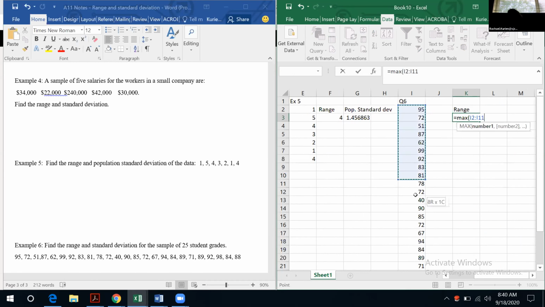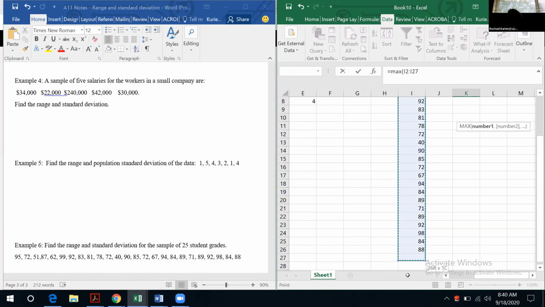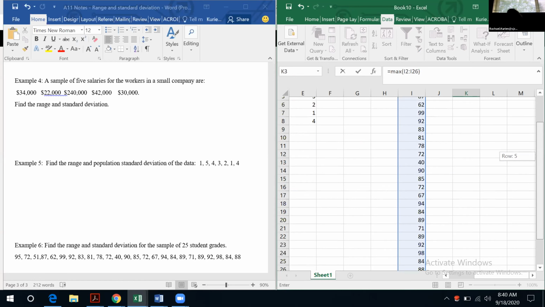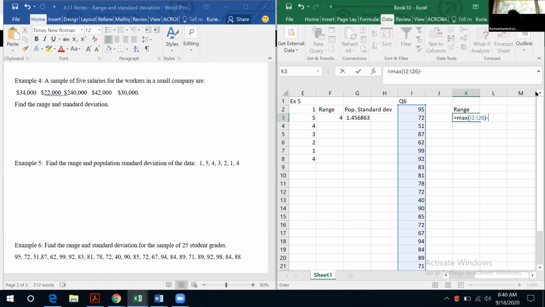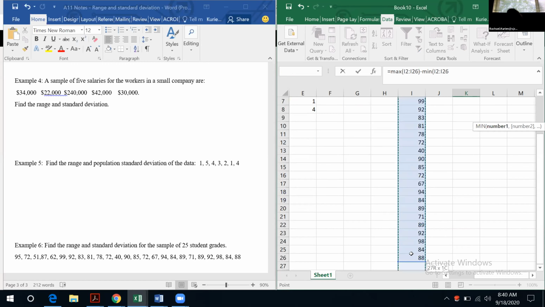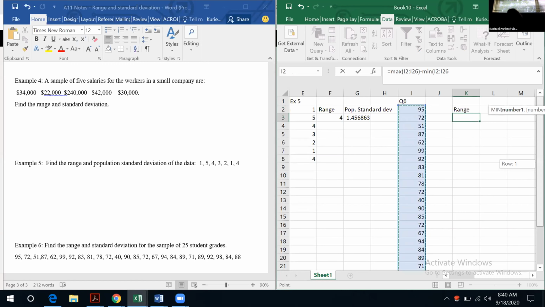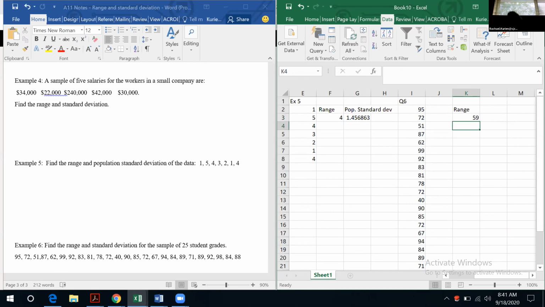That's your biggest number out of this data set. Minus the min of this data set. And then close the parentheses. And you get 59.